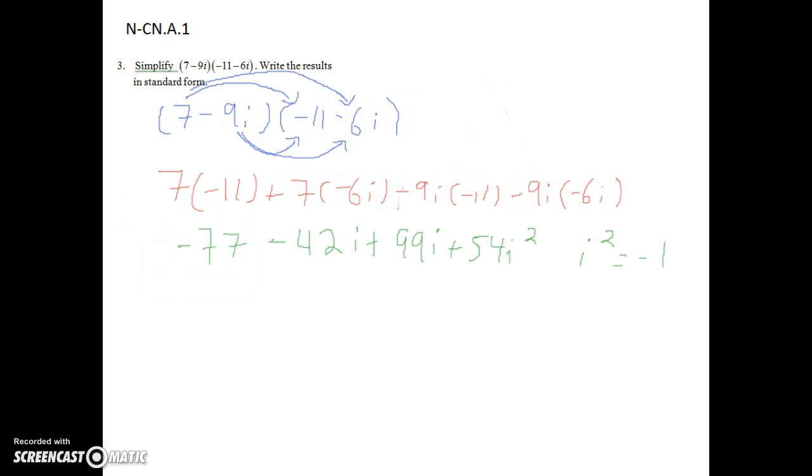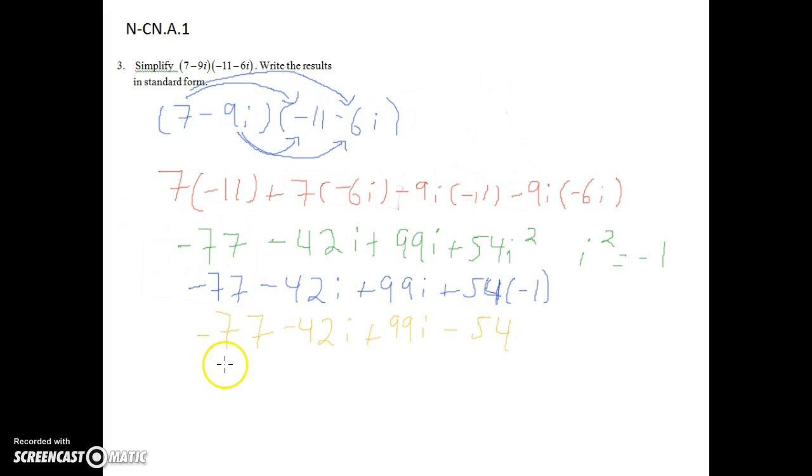So before we start combining like terms, we're going to replace that i squared with negative 1. So we get negative 77 minus 42i plus 99i plus 54, and then i squared we just replace completely with negative 1. So I multiplied the 54 by negative 1 and it became minus 54.